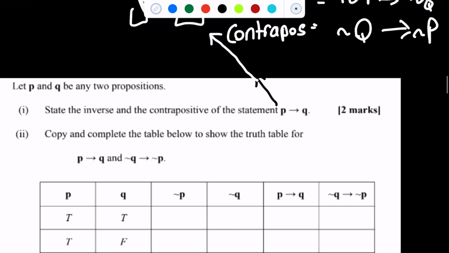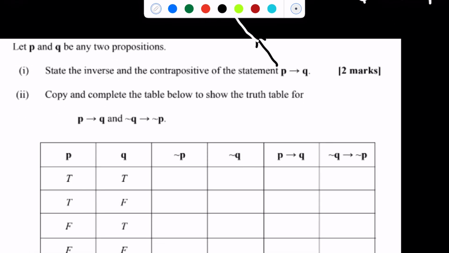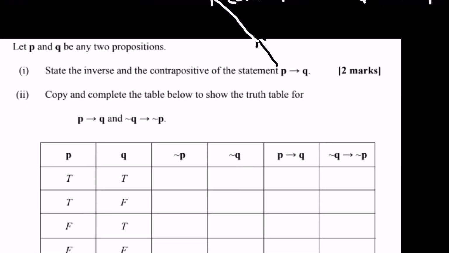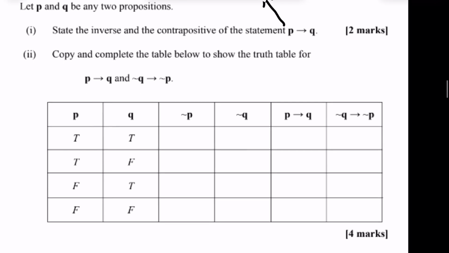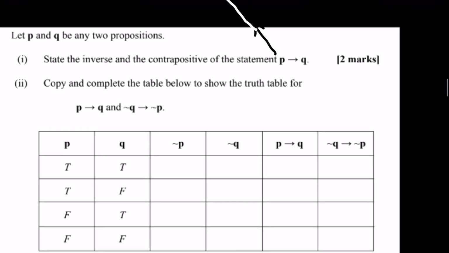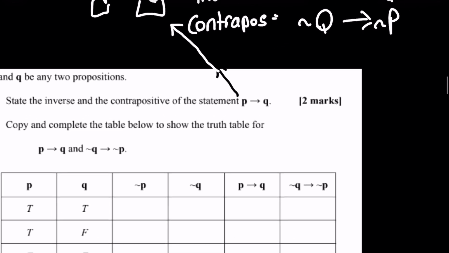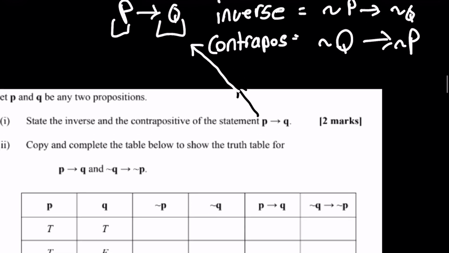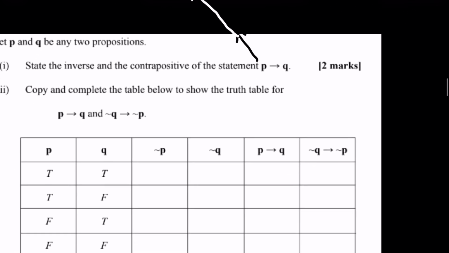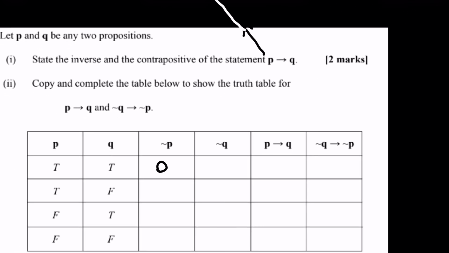And now they're asking us to copy and complete the table below to show the truth table for P then Q and negation of Q then negation of P. So let's go. For negation of P, we have 0, 0, 1, 1. For negation of Q, we have 0, 1, 0, 1.